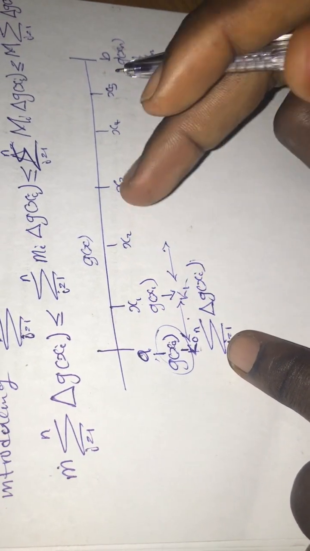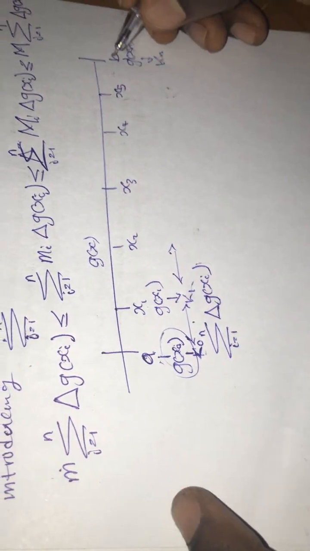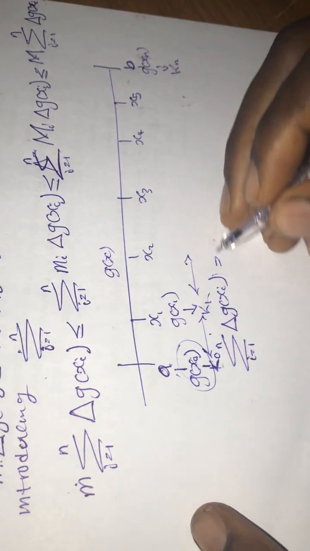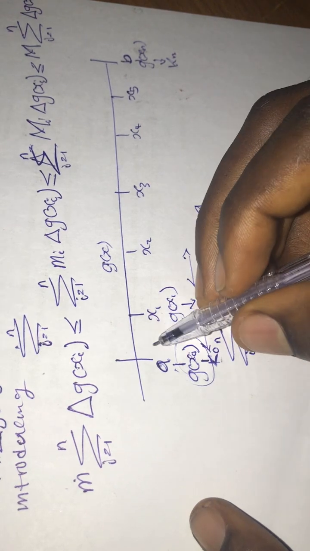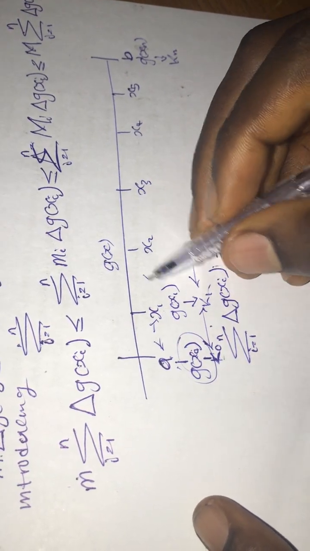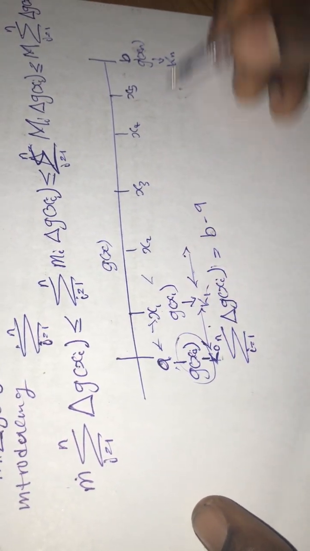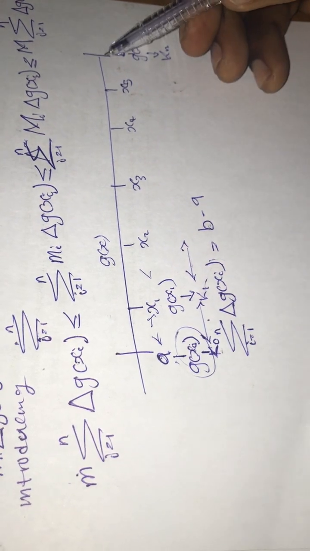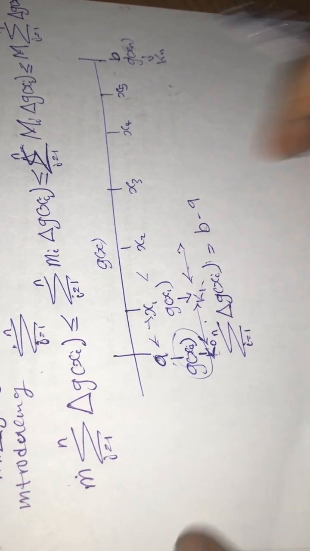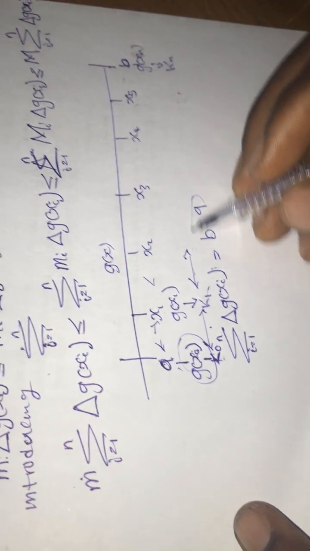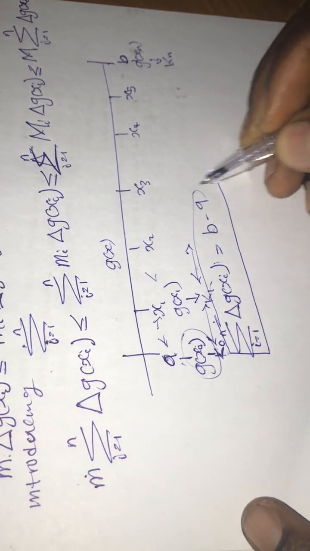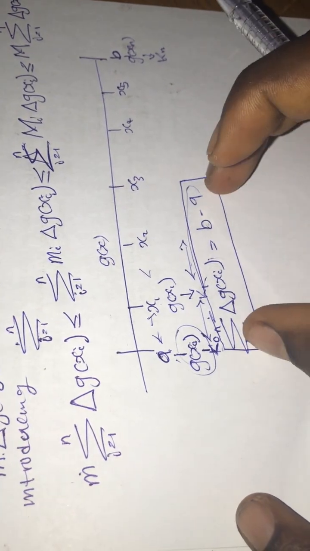So adding them one by one, you still result back to g(b) minus g(a), because once you subtract this, you have an answer, subtract this, you have an answer, adding them is the same as saying g(b) minus g(a) straight. So here I'm going to say this is this. I hope you understood how this comes to this.